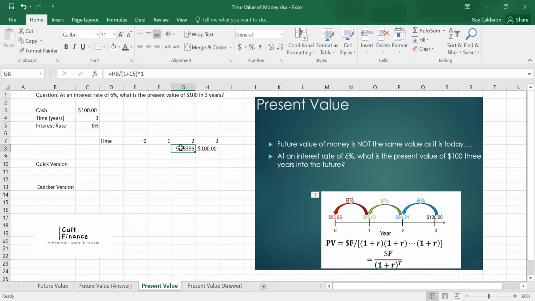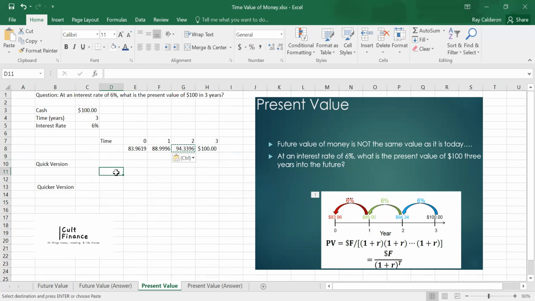So again, we should anchor this cell right here, so it's an easy reference, copy it, paste it, and there you go. It gives us $83.96 is what our value is today, assuming that someone gives us $100 in the future.